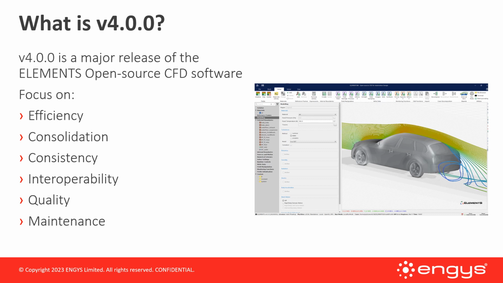In this version, we focused on efficiency, consolidation, consistency, interoperability, quality and maintenance of the code. The Unified Solver Framework contains solvers, models, and utilities in a modular fashion, enabling seamless communication and unlimited combinations of the physics that Elements is capable of. This game-changing update makes Elements a highly flexible and versatile CFD tool.